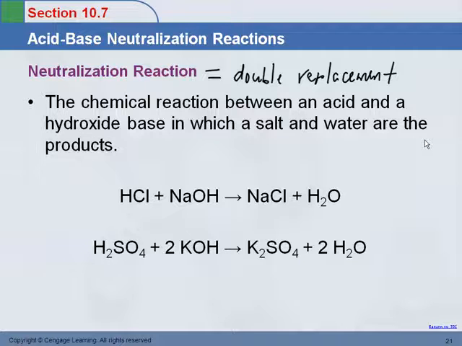So in Chapter 9, when we learned about double replacement and the fact that it's simply the metals swapping places, we can see here sodium and hydrogen swap places. So sodium pairs up with chlorine, which is what we see here, and hydrogen pairs up with hydroxide, because water is essentially HOH, a hydrogen ion plus hydroxide. Commonly written, obviously, H2O. Same deal down here with the H2SO4.